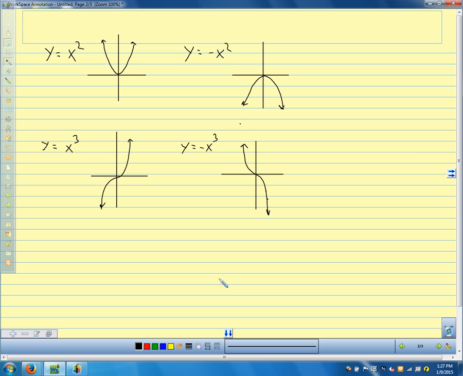That gives us a way to figure something out about the graph of our polynomial just by looking at the term with the highest power. So that gives us a test, a way to know what happens eventually to our function. We call that the leading coefficient test. Is everybody good with this?